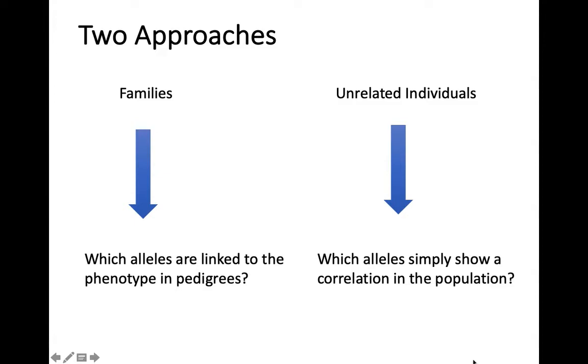Okay, well, there are two approaches. Now, the classic approach for identifying the genetic basis for disease, which we have already discussed, is to use families. So over on the left here, we have a family approach in which alleles are linked to the phenotype in pedigrees. For example, the genetic basis for Huntington's disease was identified through a very large pedigree in which there was clear transmission of an allele through the pedigree across multiple generations that caused Huntington's disease.